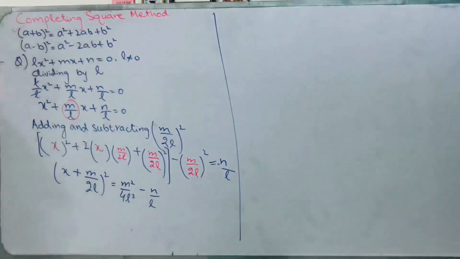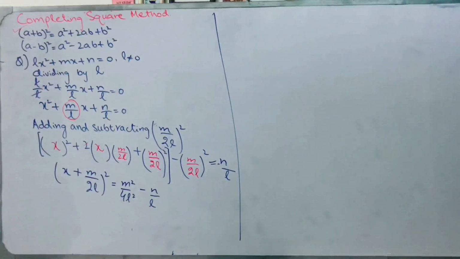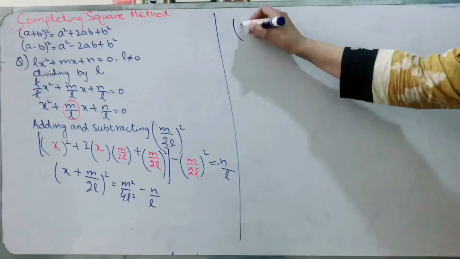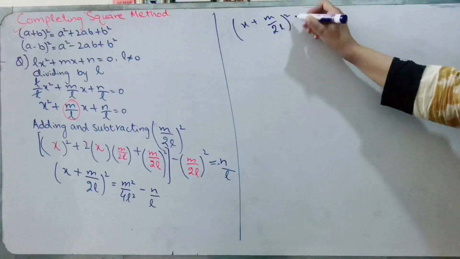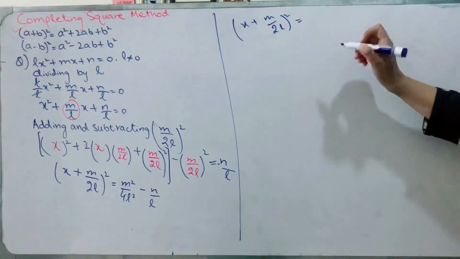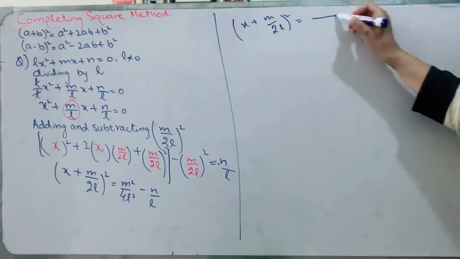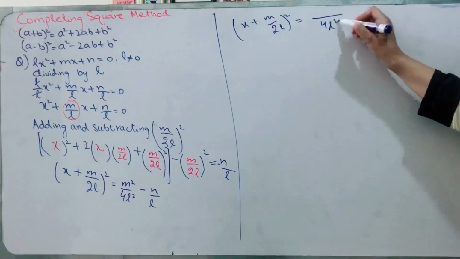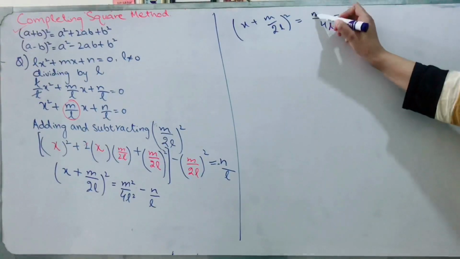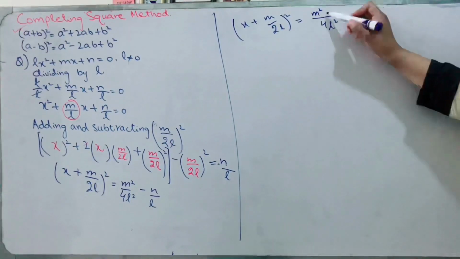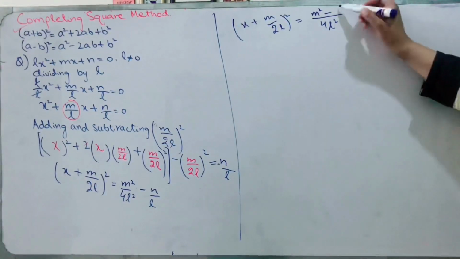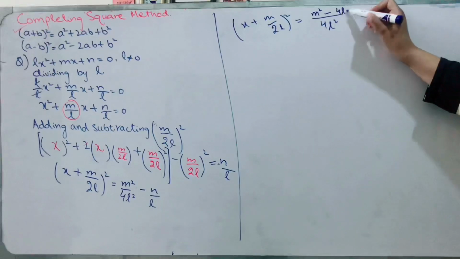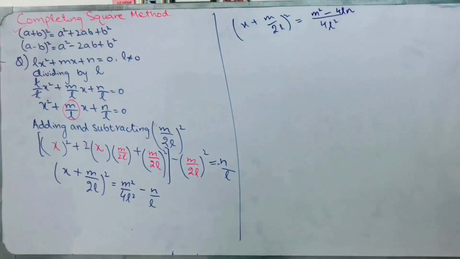Okay, I am doing the remaining part here. x plus m by 2l whole square remains the same. Here you will take the LCM. On your right hand side it becomes 4l square, m square same, minus n. When you divide 4l square by l, it becomes 4ln. I hope you can take the LCM.